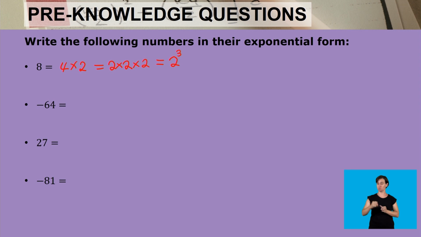Now, our next one here is a negative 64. Now, a negative 64 would come from a negative 8 multiplied by 8. So negative 8 multiplied by 8 will give us that 64. Now, from the previous one, we've already seen that 8 is equal to 2 exponent 3.